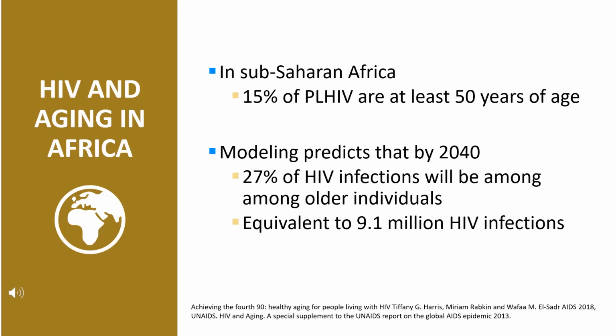UNAIDS reported in 2013 that 15% of all new infections in Sub-Saharan Africa were in people of at least 50 years of age. And modeling predicts that by the year 2040, 27% of HIV infections in Africa, equivalent to a total of 9.1 million prevalent infections, will be among older individuals.